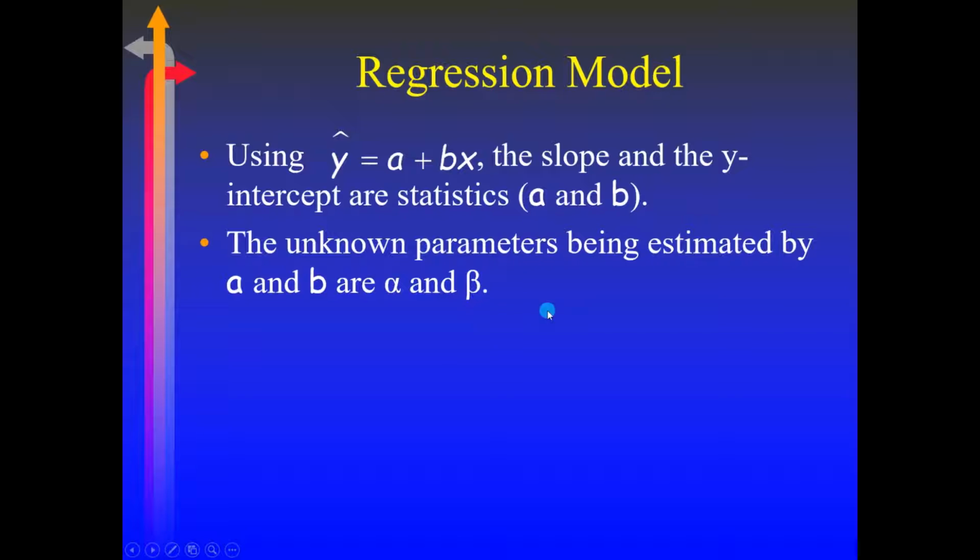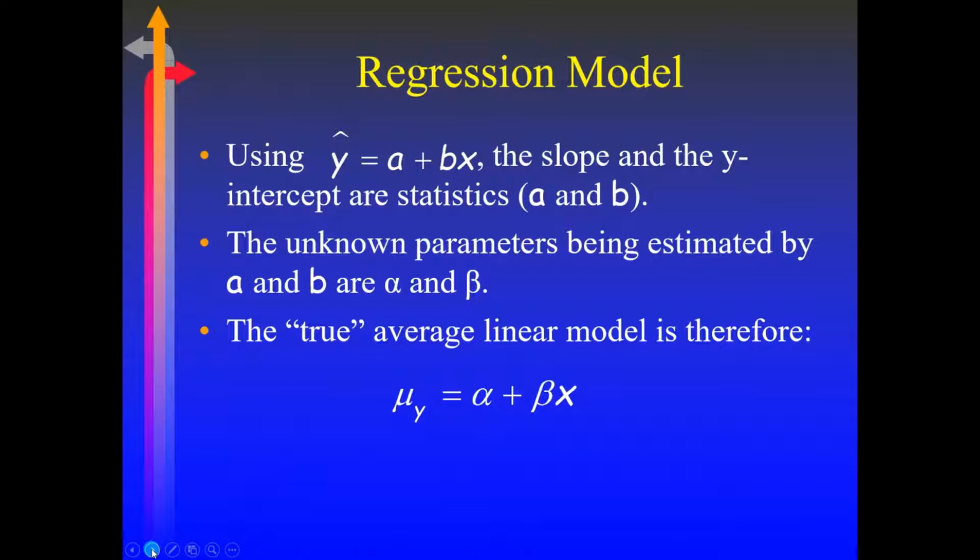So a and b are statistics, alpha and beta are parameters, and we're going to use a and b to estimate alpha and beta. Somewhere there is a true average linear model, which would be mu sub y equals alpha plus beta times x. This is an unknowable equation, just like any parameters are, but it's there somewhere, and we can try our normal workarounds to get some idea of what it might be.